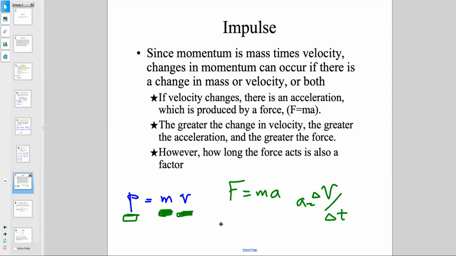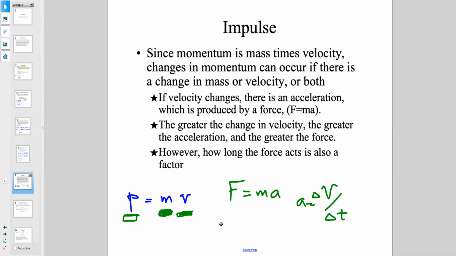However, when it comes to things like momentum, and when it comes to things like impulse, which we're going to extensively talk about in a little bit, it is also important how long the force is being used, how long it took the force to apply to the object. Maybe you're applying 2 newtons over 5 minutes, or maybe you're applying the same amount of force over 5 seconds.